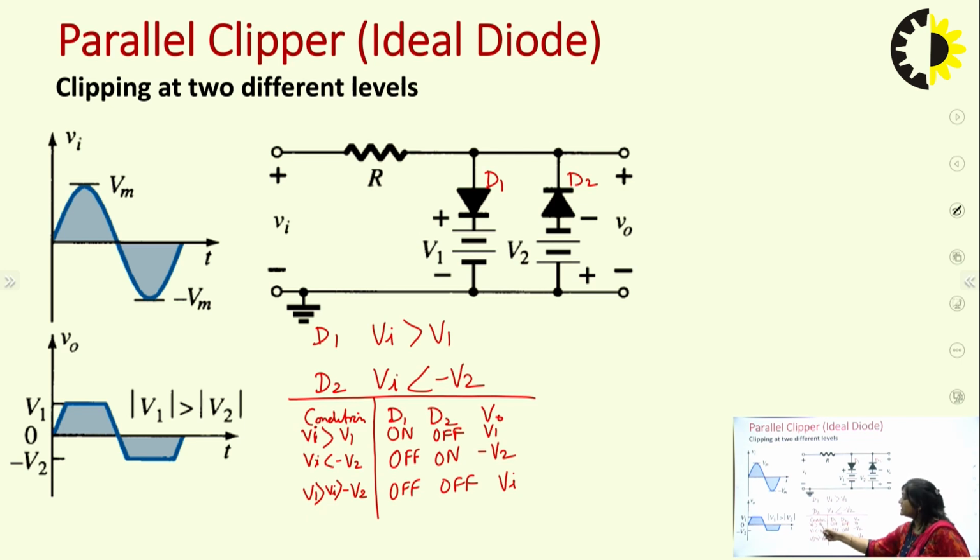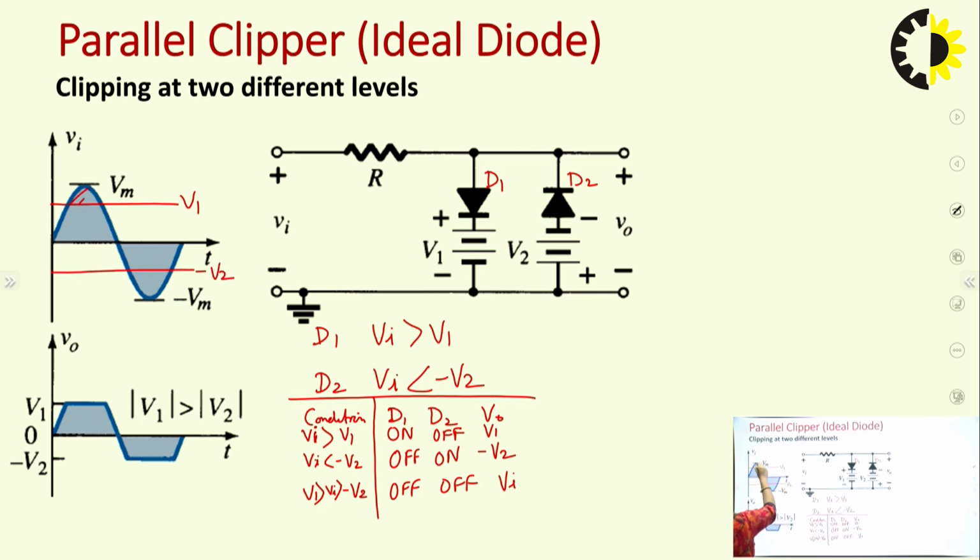So for Vi greater than V1, our diode D1 will be on and diode D2 will be off, because if we plot here, our V1 would be like this and minus V2 would be like this.